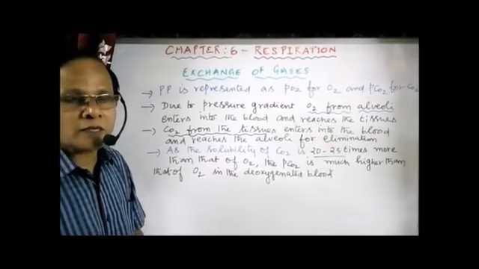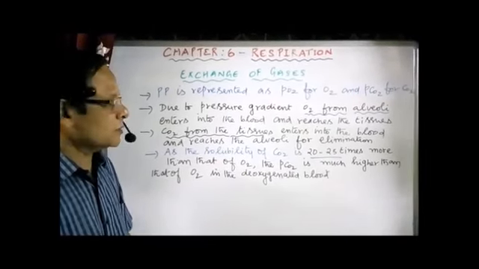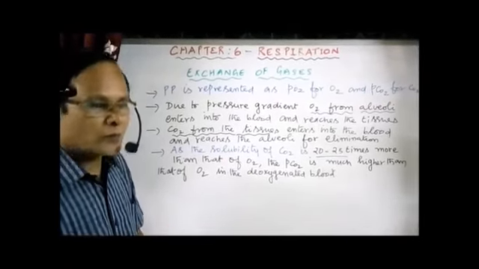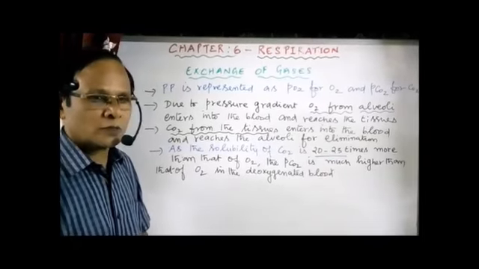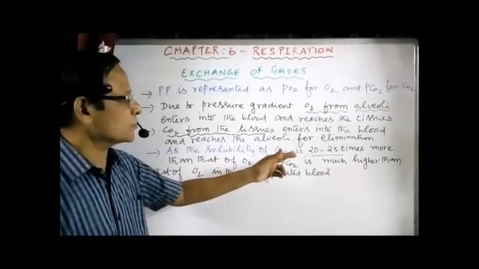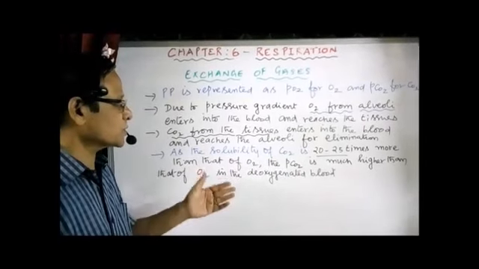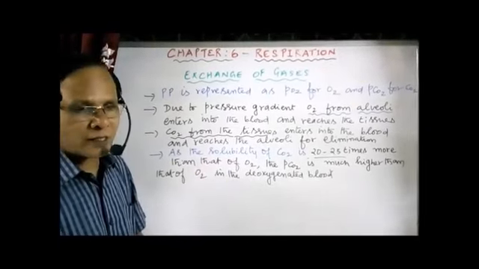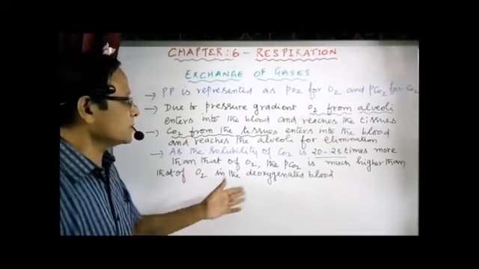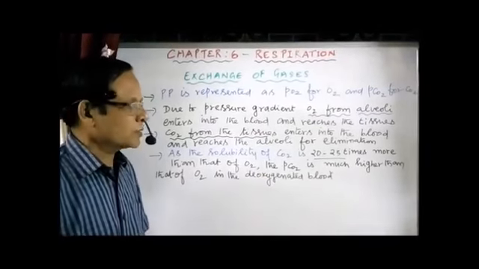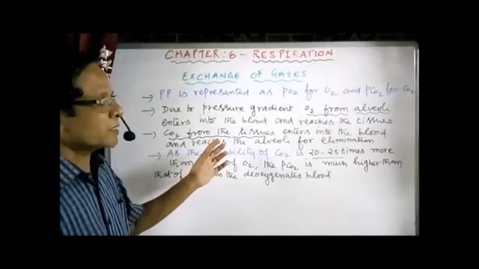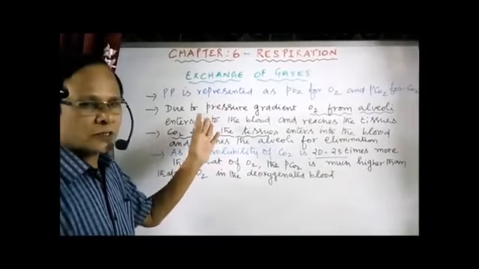This is because of the higher solubility. Oxygen is less soluble in water, whereas carbon dioxide is comparatively 20 to 25 times more soluble than oxygen. That's why the partial pressure of carbon dioxide is much higher than that of oxygen in the deoxygenated blood.